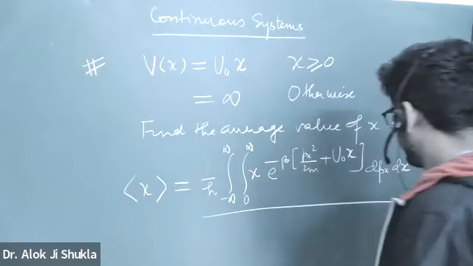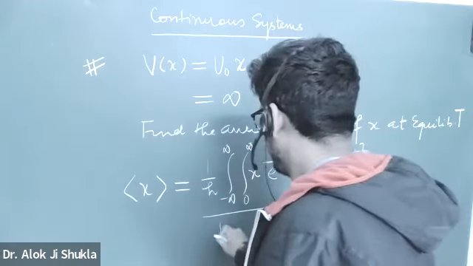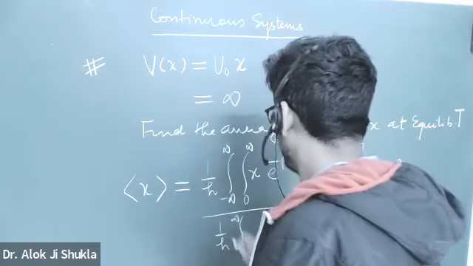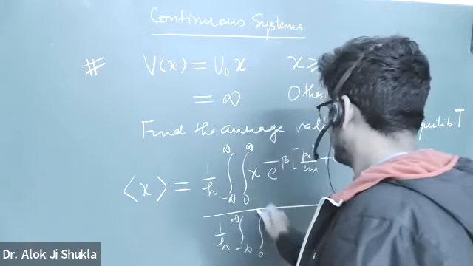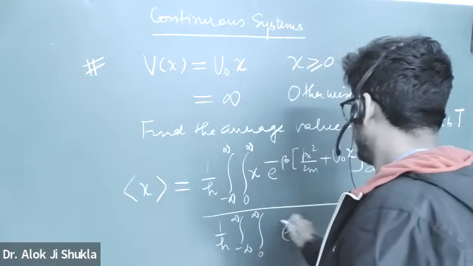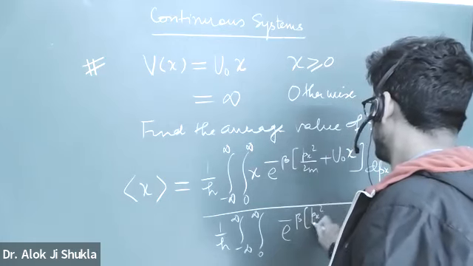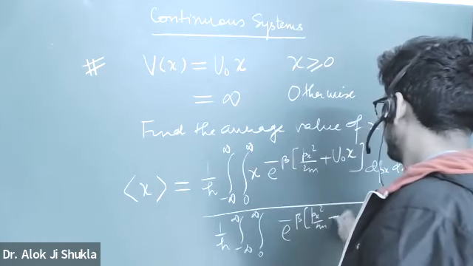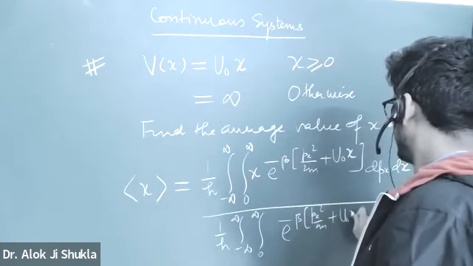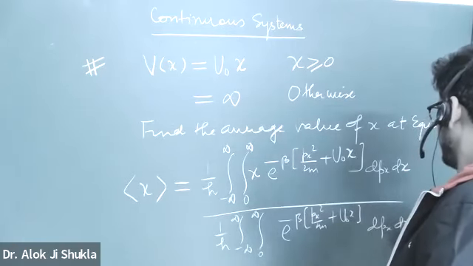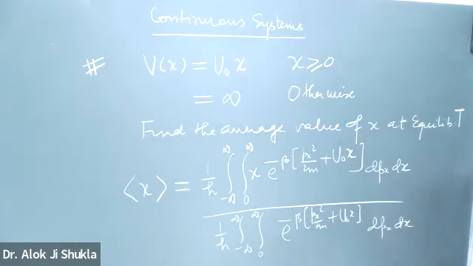And upon 1 by h integral minus infinity to plus infinity, integral 0 to infinity, e to the power minus beta, px square by 2m plus u naught x, dpx dx. देखो ध्यान से. This is the average value.